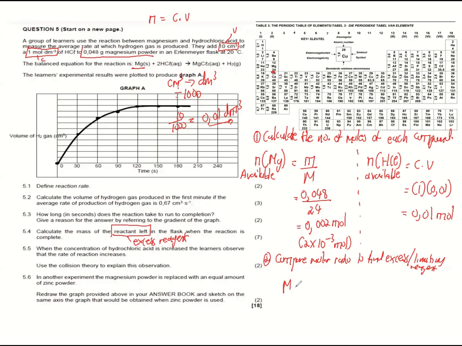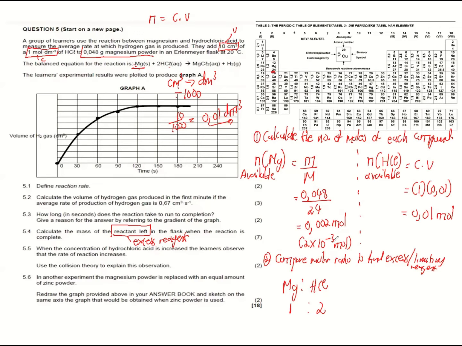This is magnesium to hydrochloric acid. Checking here, what is the ratio of reaction between magnesium and hydrochloric acid? The ratio suggests that for every 1 mole of magnesium that is reacted, we need 2 moles of hydrochloric acid to be reacted.